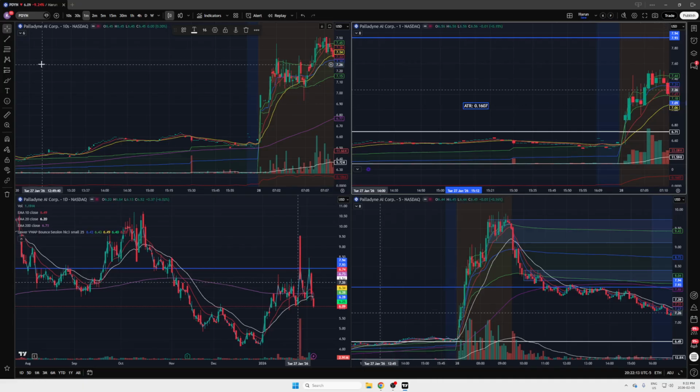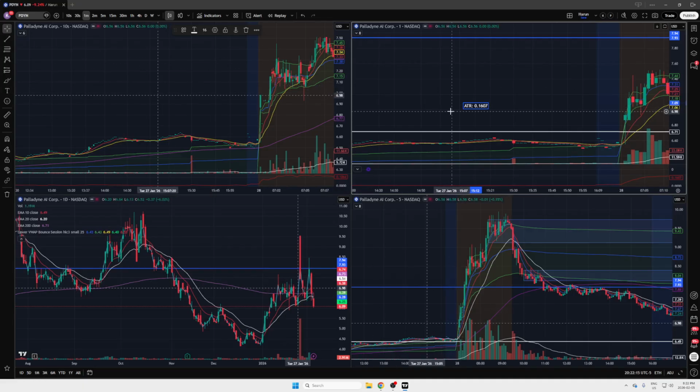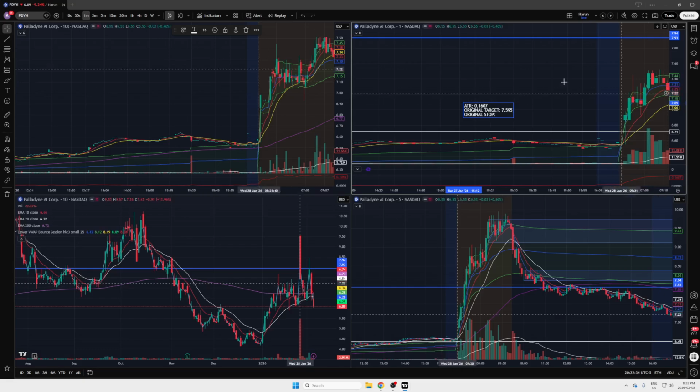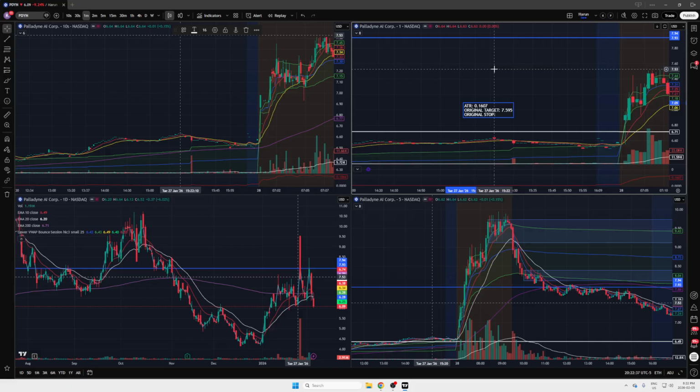Okay, so your original target is going to be 7.595. Now your original stop is going to be the close, which is 7.21, minus the ATR, which is 0.1607.